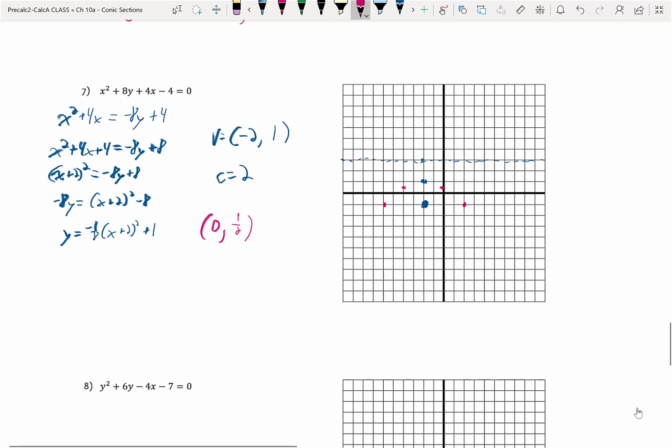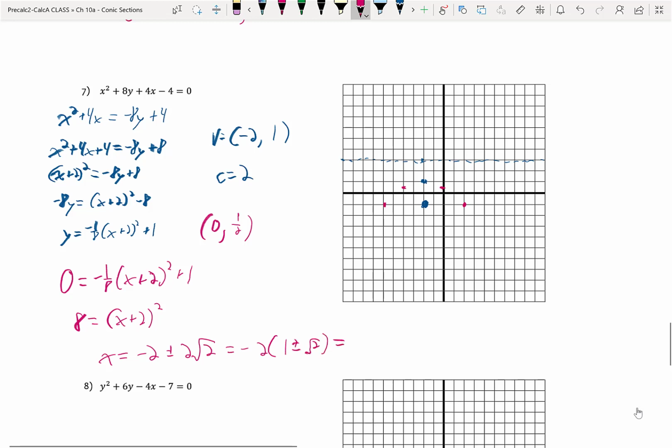Just for the purposes of being complete, we're going to put the x-intercepts, so 0 is equal to -1/8 (x plus 2) squared plus 1, or 8 is equal to (x plus 2) squared, or x is equal to -2 plus or minus 2 root 2, or -2 times 1 plus or minus root 2. 1 plus root 2 is 2.4, so -4.8, and then 1 minus would be -0.4, so 0.8.